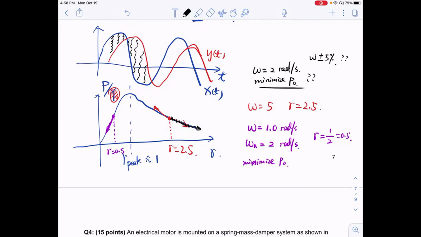Which way to go? So where is your operating point? Your operating point is around R equals 1, over there. It actually covers the resonant peak. So in that case, you have to calculate these two extreme points and then compare them. One of them is going to be your optimal operating condition. You see what I mean?